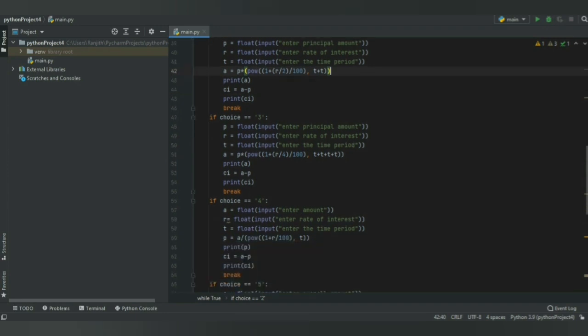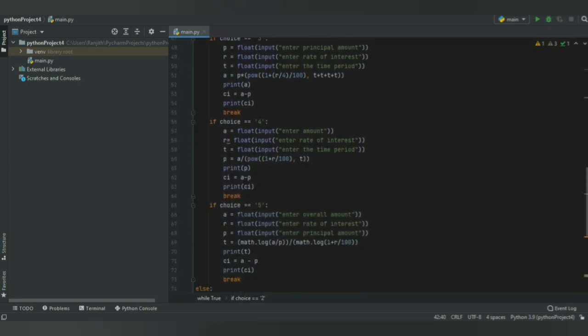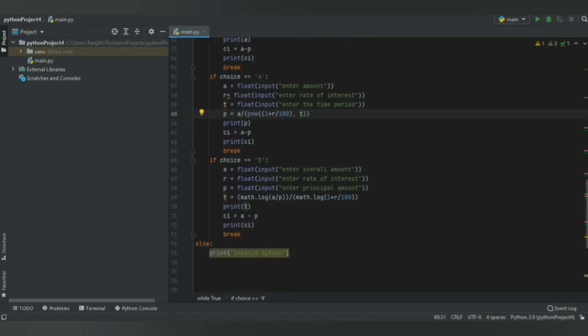And the last one is the principal amount. This is the formula for principal amount: A divided by power of 1 plus R by 100, comma t. This is the principal amount for annually. If you want quarterly or half yearly, you can add extra t. If you want quarterly, you can add 3t. And the last one is the time period for annually.